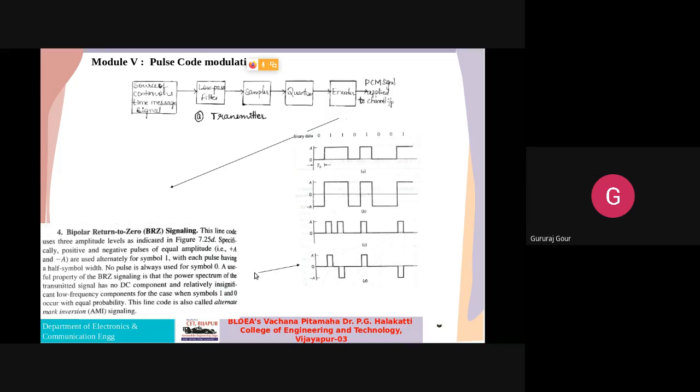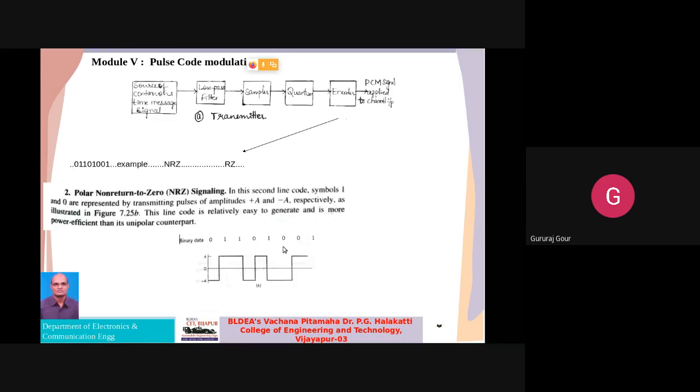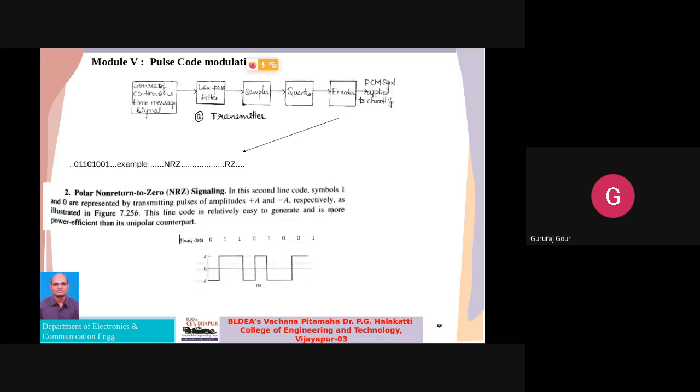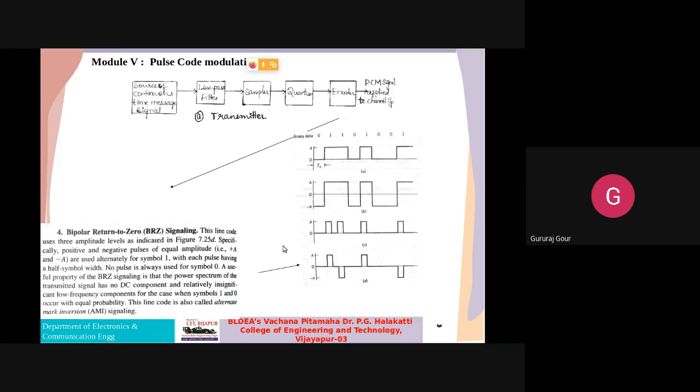Now about bipolar RZ signaling. Let me briefly summarize whatever you did so far: unipolar NRZ, polar NRZ, unipolar RZ, bipolar RZ.